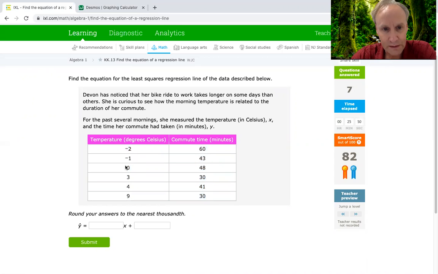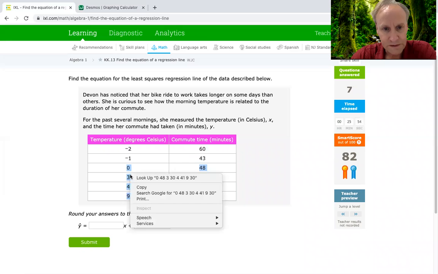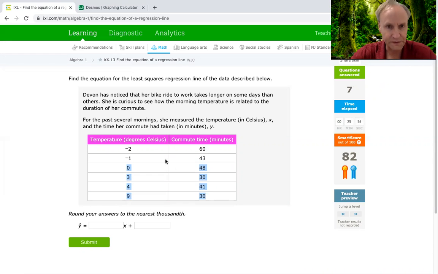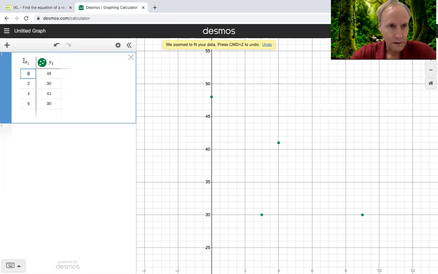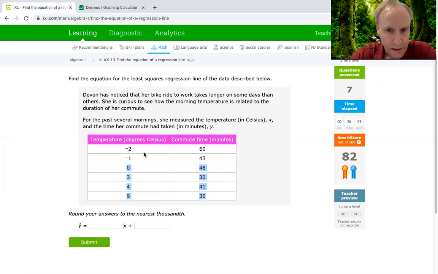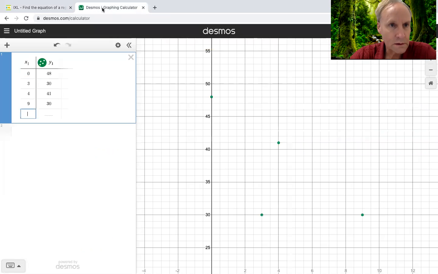I could probably copy these. Let's see. I can Command C. And then I'll have to type in the other two. Yep. And then I'll have to type in negative 260.